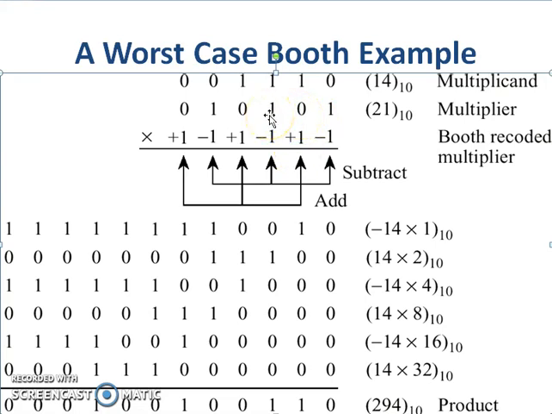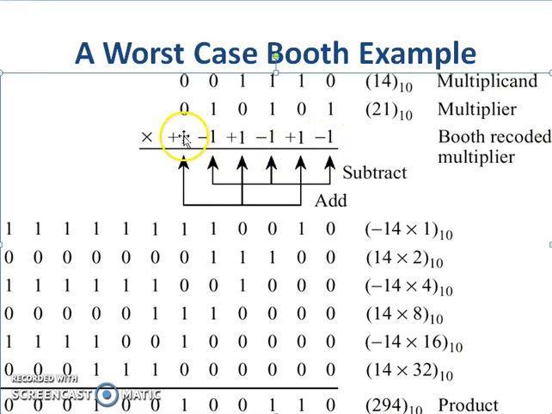Again 1 is encountered, so write a -1; again 0 is encountered, so write a +1; again 1 is encountered, so write a -1; again 0 is encountered, so write a +1. So this Booth recoded multiplier contains +1, -1, +1, -1, +1 and -1.